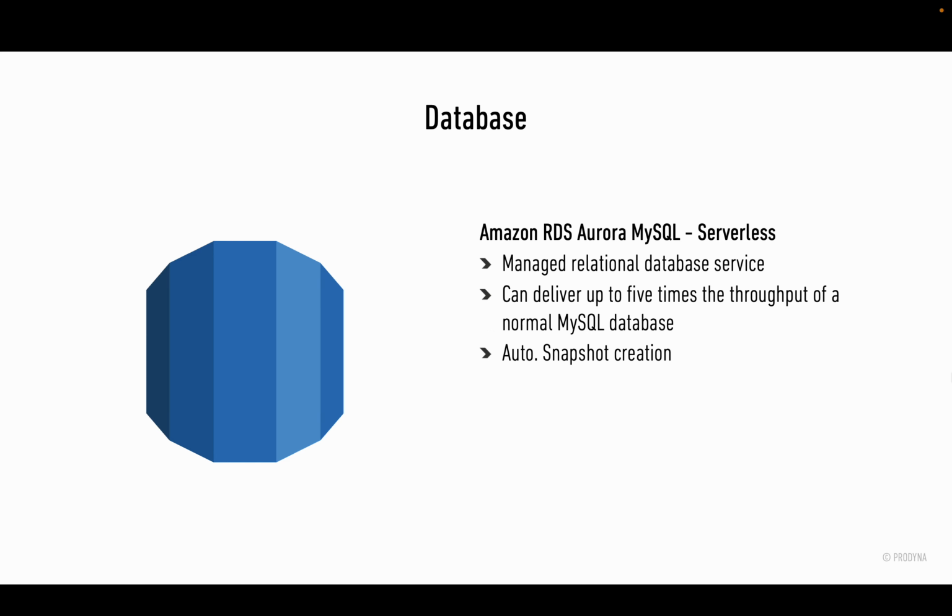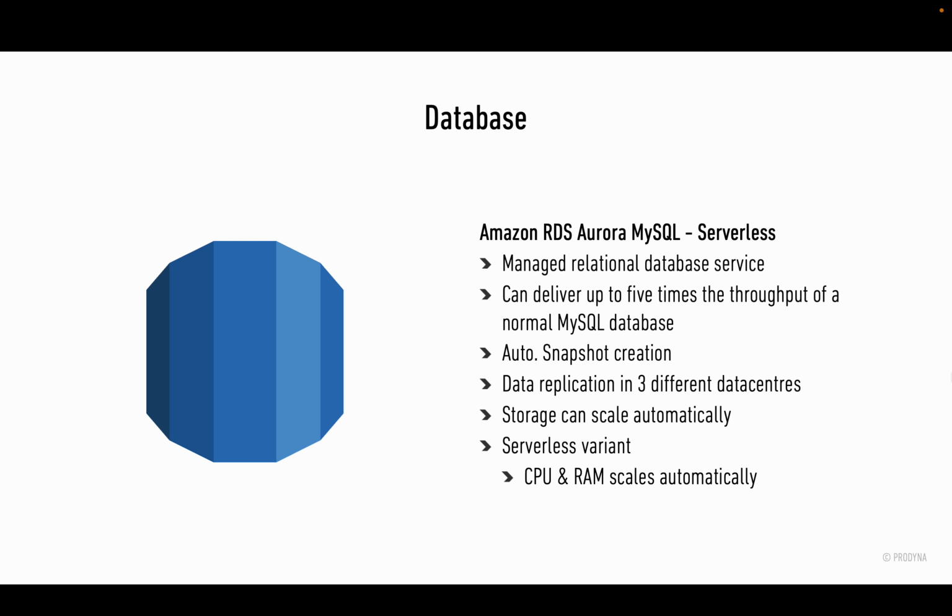And you get nice features like automatic snapshot creation, data replication in 3 different data centers, and your storage can scale automatically. And because we use the serverless variant, we don't need to care so much about CPU and RAM, because it scales automatically, and this is quite neat.